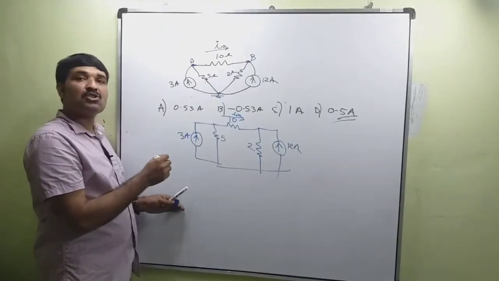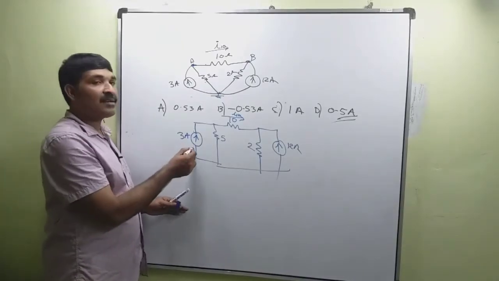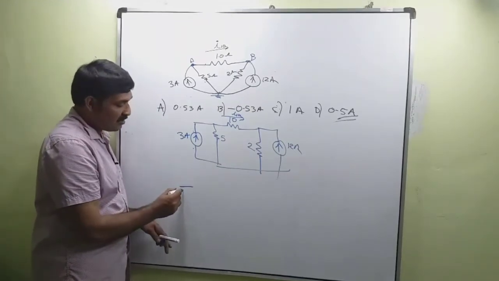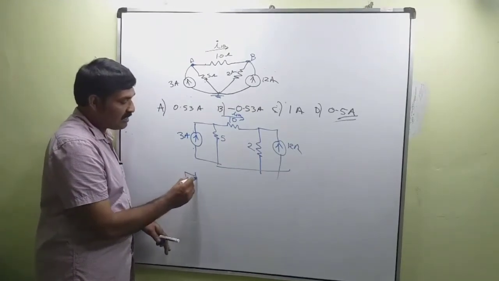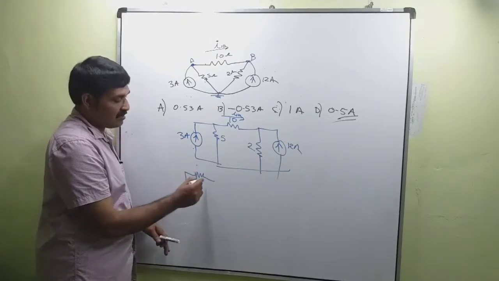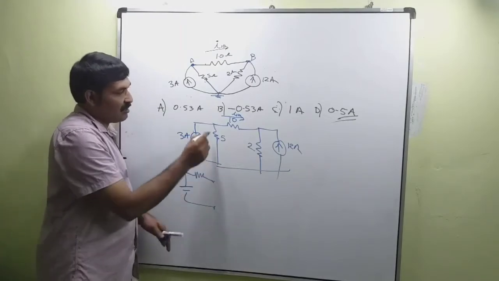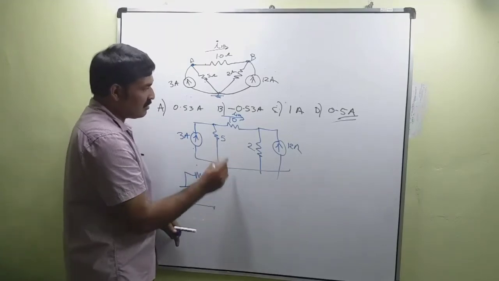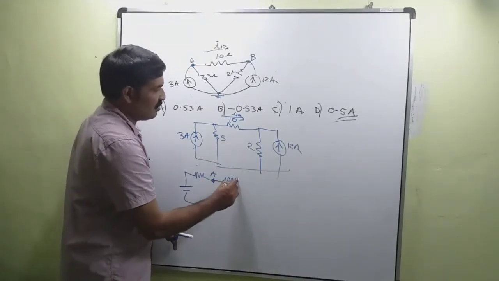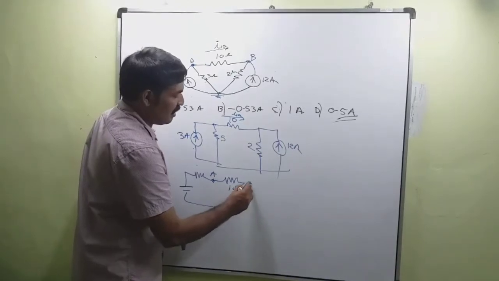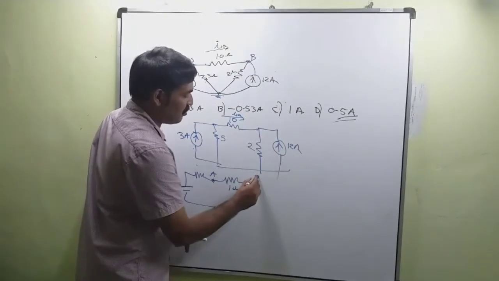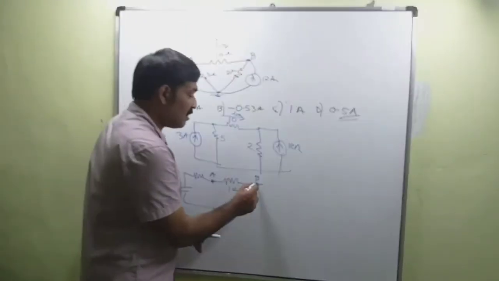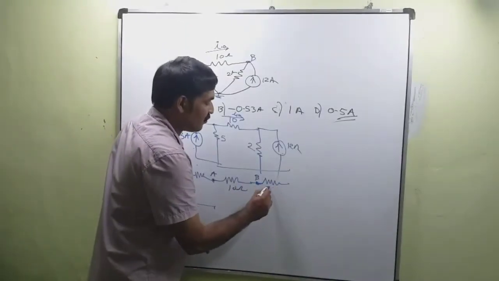Now by using source transformation, this current source can be converted into a voltage source. So we can draw a battery with a series resistance Rs. This is our node A, and this resistance of 10 ohm, and this point is node B, and this current source can be converted into a voltage source having the series resistance of 2.